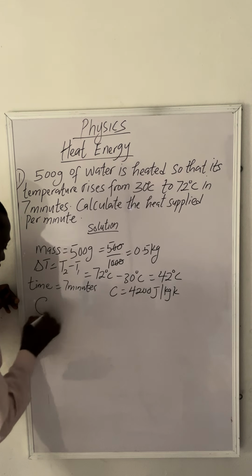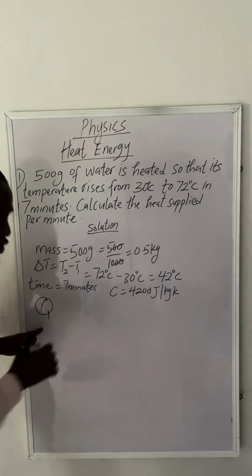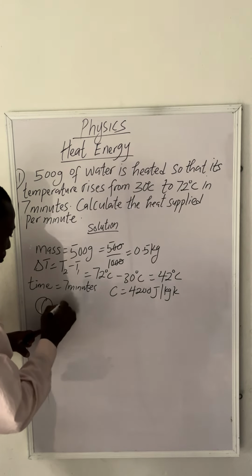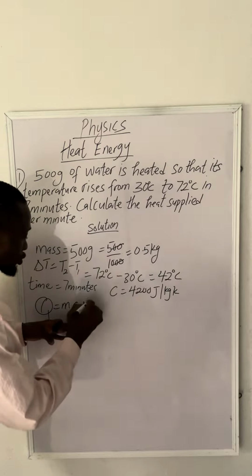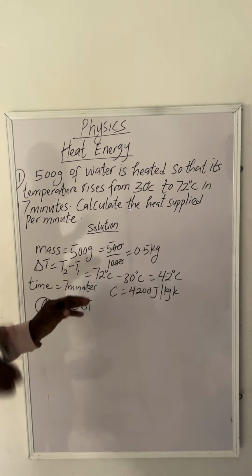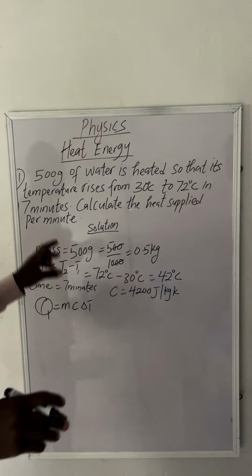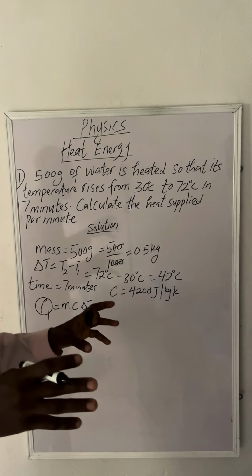Now I'm going to calculate the quantity of heat supplied. So we know that we are going to use this formula: Q is equal to the mass times the specific heat capacity times the temperature rise, to calculate our quantity of heat supplied.